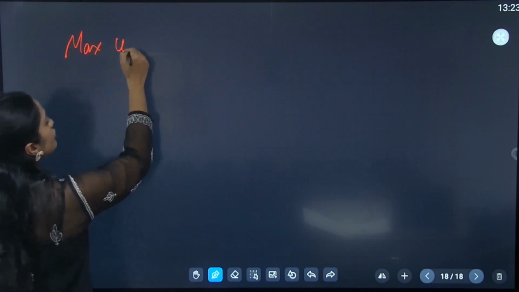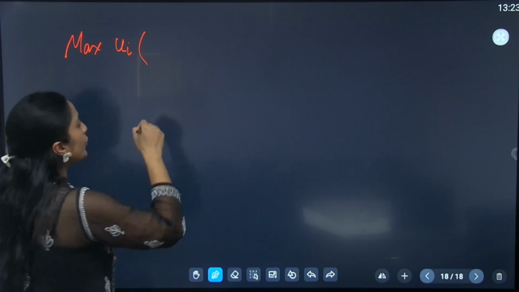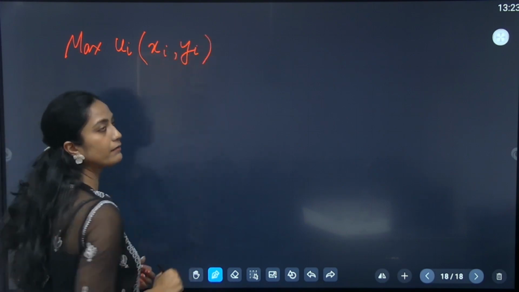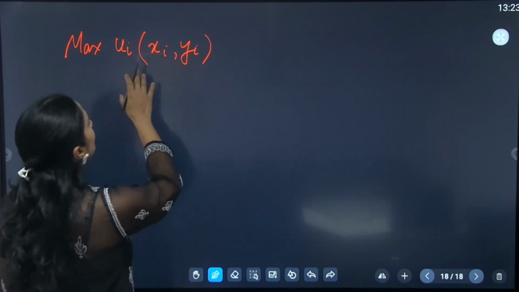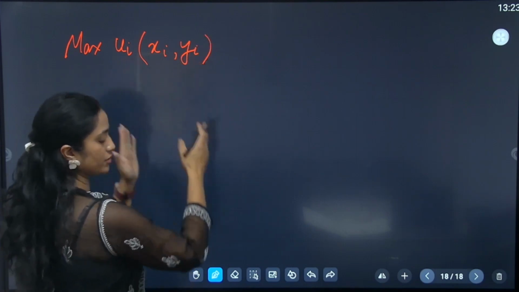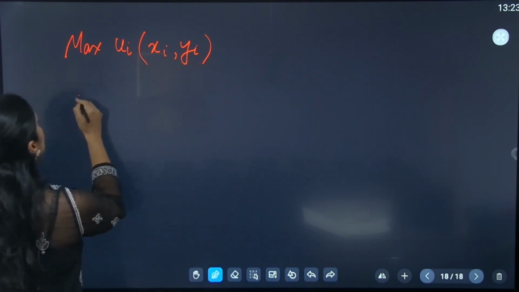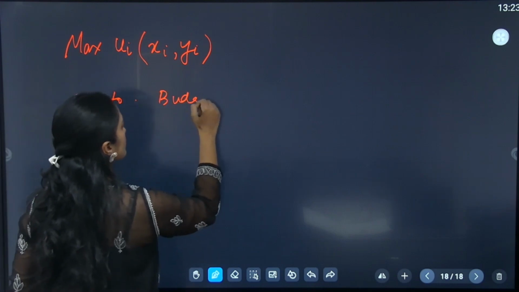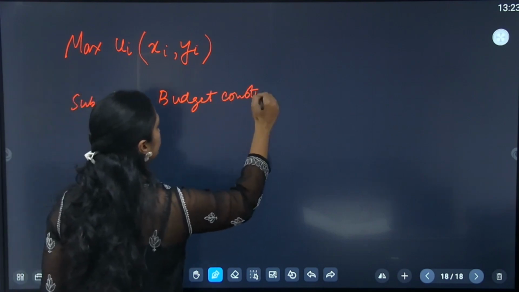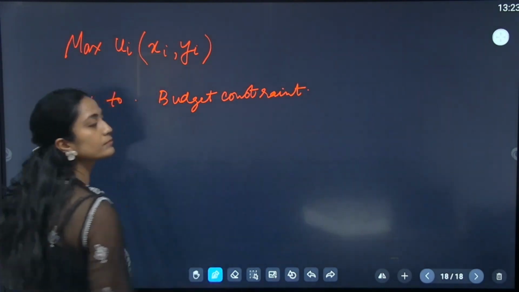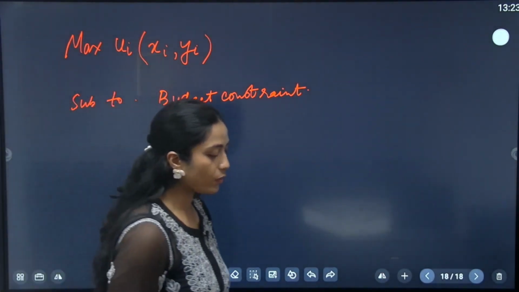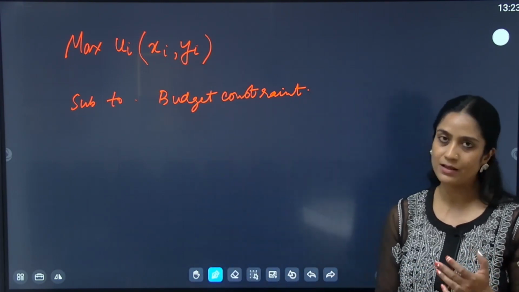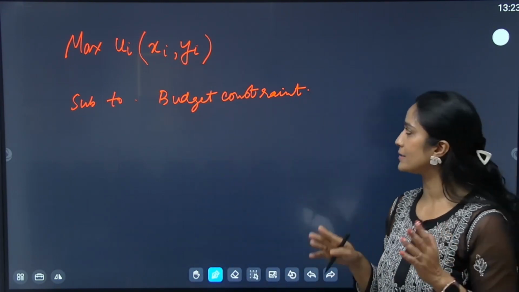For individual I, it will be maximize utility I subject to whatever is the allocation of individual I, right? Utility I, which is a function of the allocation, which is a function of the bundle, and subject to the budget constraint. Right? So now we know that utility is fine. Utility is something we know the values of XR, YR, XF and YF.